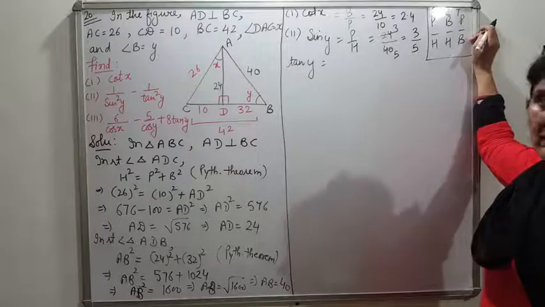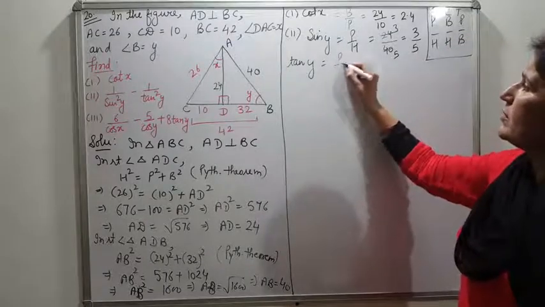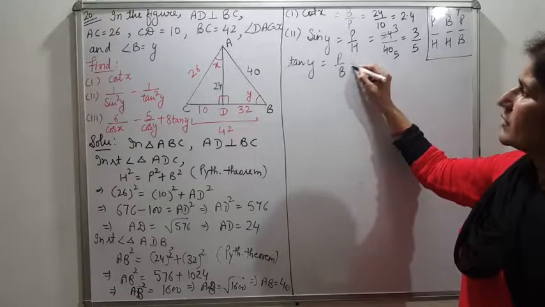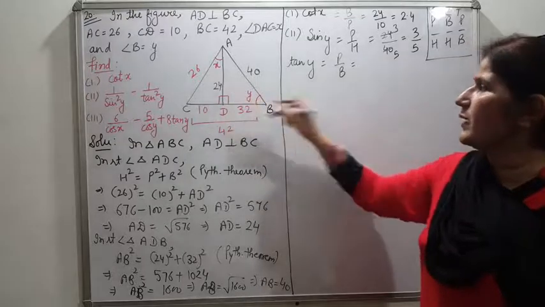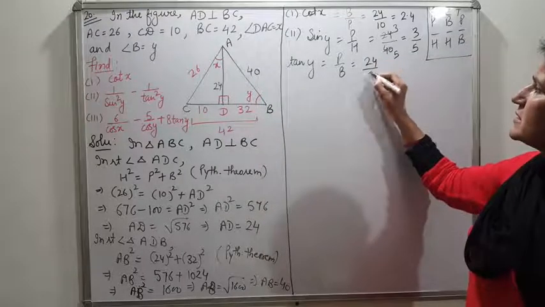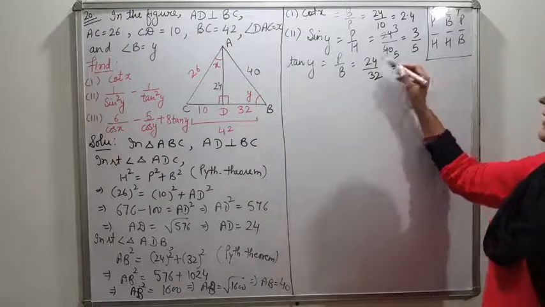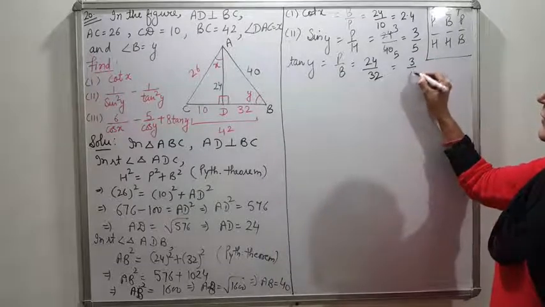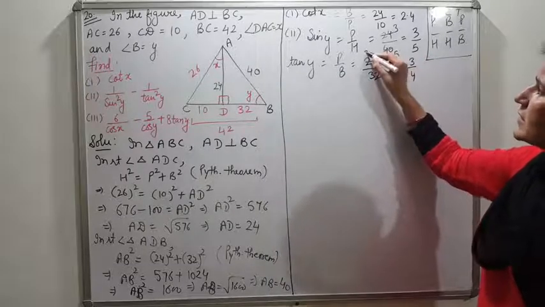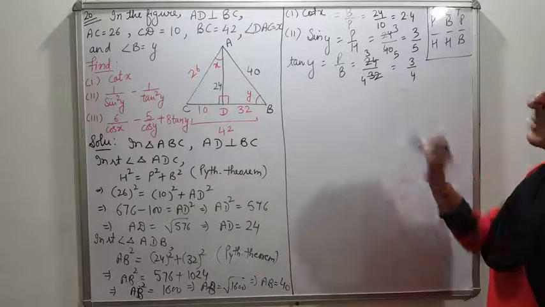Now second value you have to find, tangent y. Tangent is p over b, perpendicular over base. What is perpendicular in this triangle? 24, base is 32. Again 8 3s are 24, 8 4s are 32. You can reduce them in lowest terms.